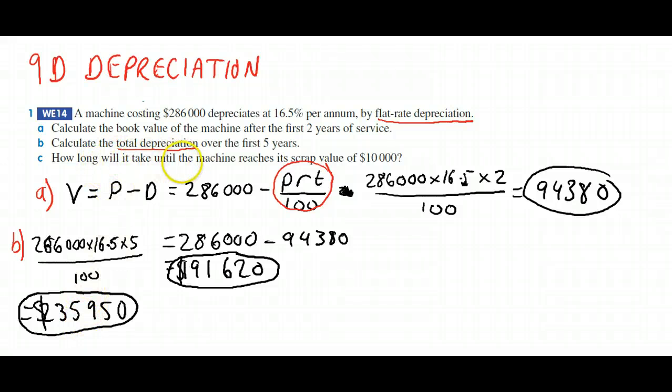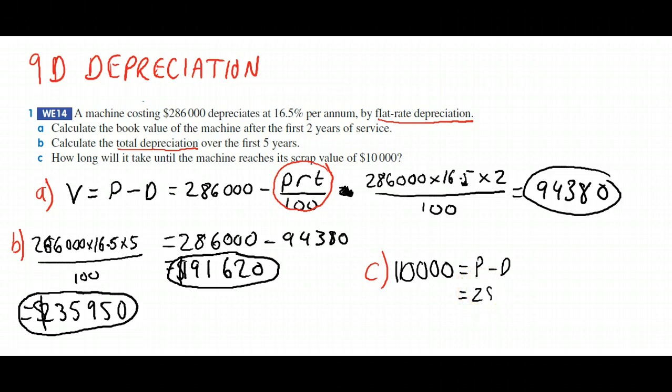How long will it take until the machine reaches its scrap value of $10,000? This question's saying we know what the book value is going to end up to be. The book value is going to end up to be $10,000. That's its scrap value, so that's the value it's going to have when we get rid of it, and that's going to equal the initial cost, which is P, minus the depreciation.